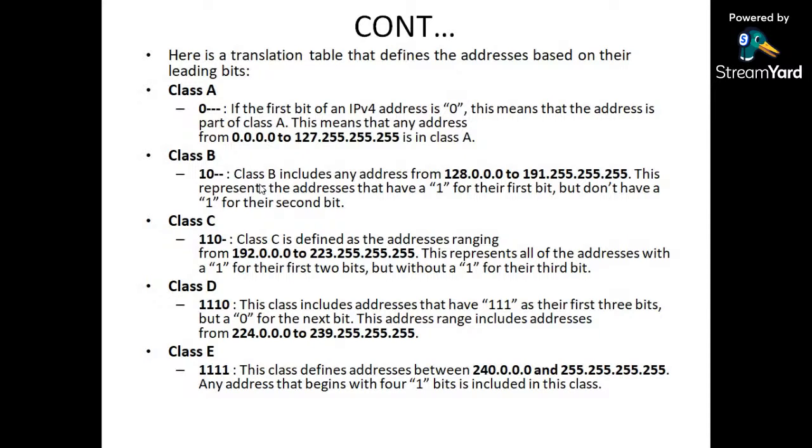This range includes addresses from 224.0.0.0 to 239.255.255.255. Now class E: in class E all 4 bits are 1. This class defines addresses between 240.0.0.0 and 255.255.255.255. So any address that begins with 4 1 bits is included in class E.